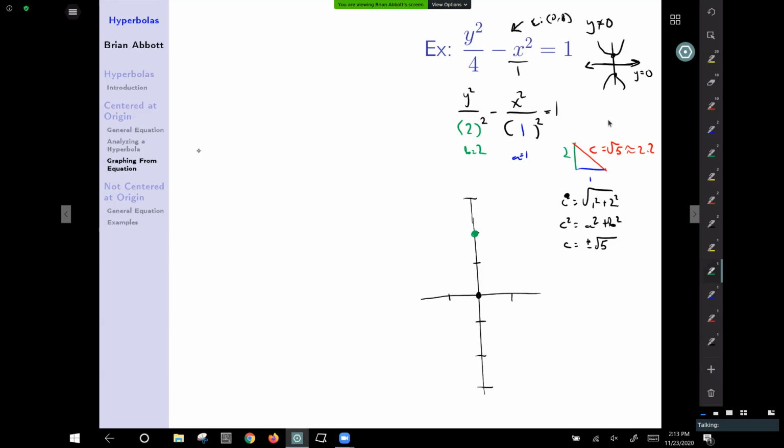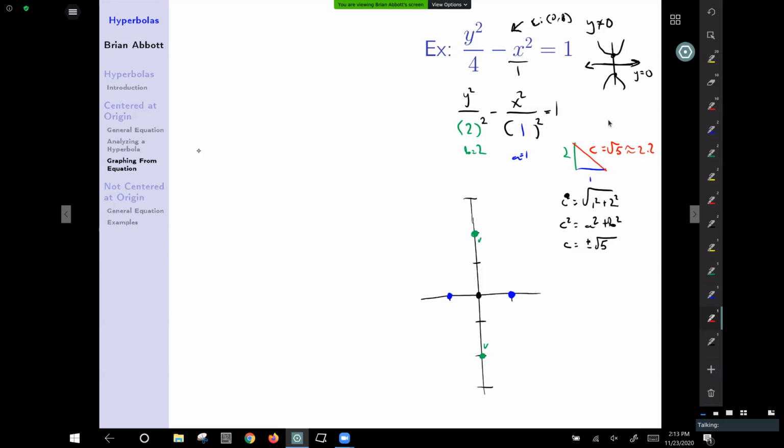And so you're symmetric. You're going to have a vertex above and below. And these are vertices, because we know this thing opens vertically. Now the a direction is 1, so in the x direction we go 1 in either direction from the origin.